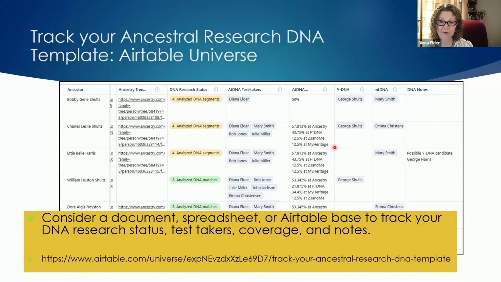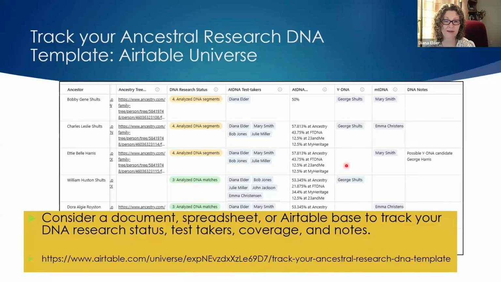So I've got coverage at Ancestry, Family Tree DNA, 23andMe, and MyHeritage. So I have a place for that. I have a place for my Y-DNA test taker, my mitochondrial DNA test taker, and then some notes. And then I have several blanks where I do not have test takers for these particular lines. So that gives me some ideas about who I should be tracking down.